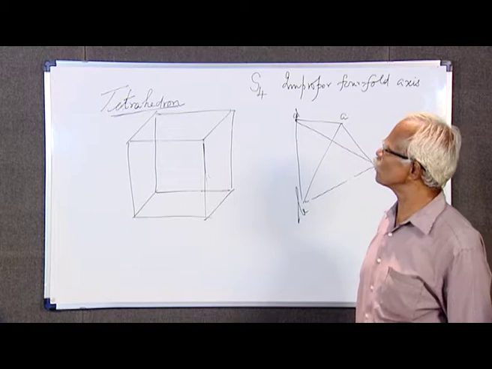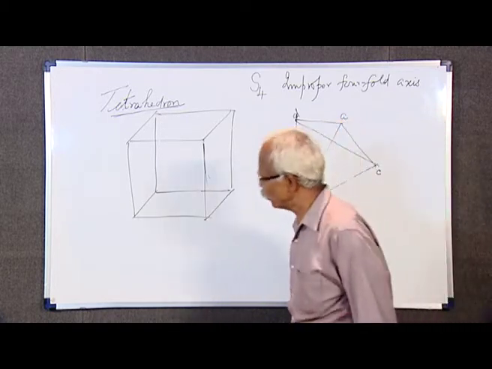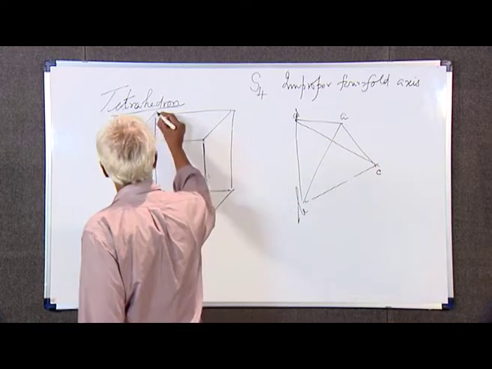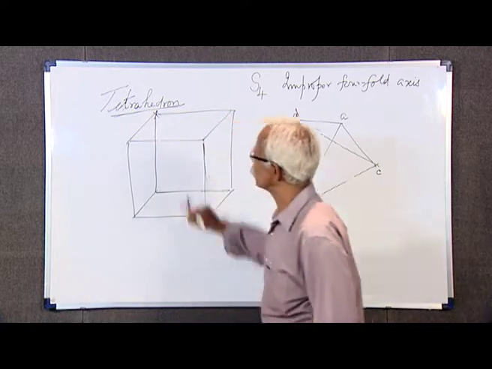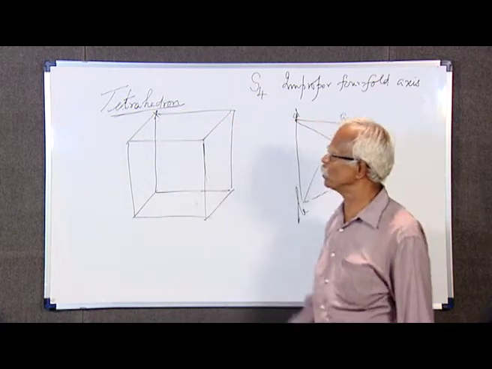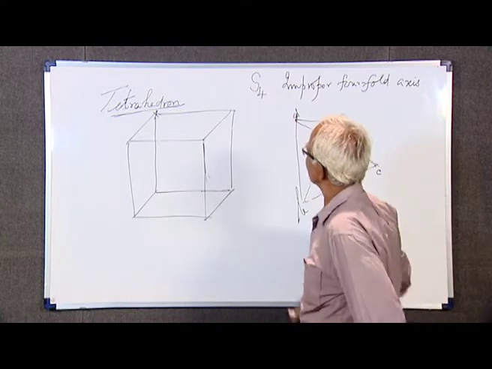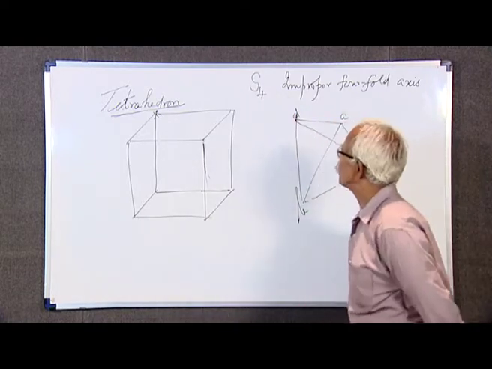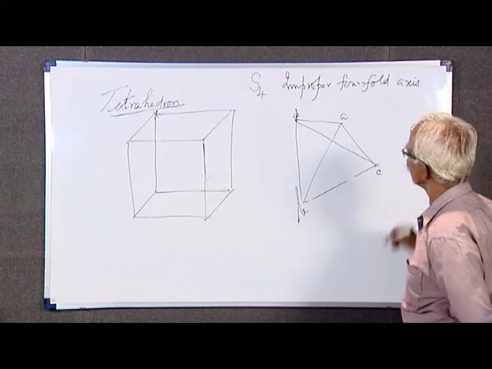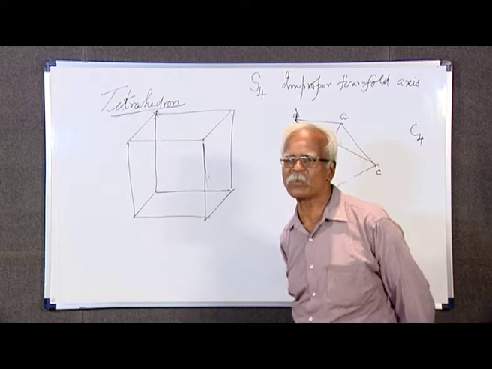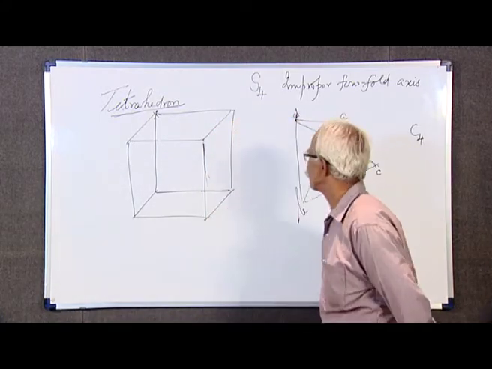I will apply S4, that is improper fourfold axis, to a cube. Let us take any vertex for that matter. I have chosen this vertex of the cube. In the earlier session, I told you that C4 involves rotation through 90 degrees because repeated 4 times you go to full circle.